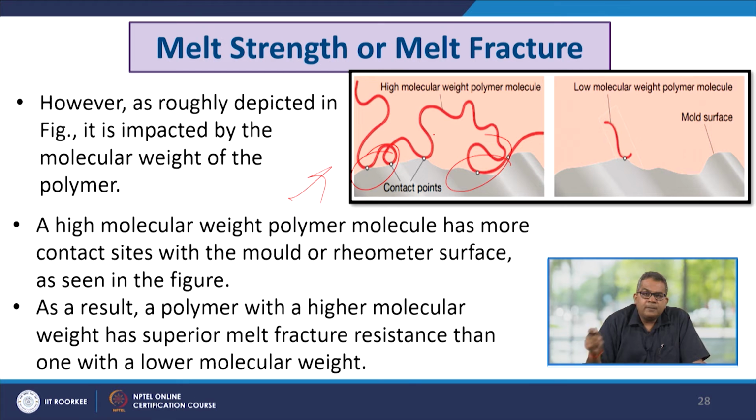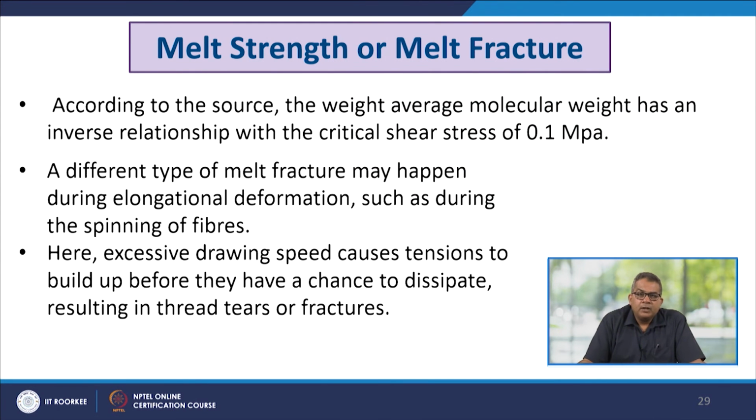As a result, a polymer with high molecular weight has superior melt fracture resistance than one with a lower molecular weight, because the number of contact points plays a very vital role. According to the source, the weight average molecular weight has an inverse relationship with the critical shear stress of 0.1 megapascal.